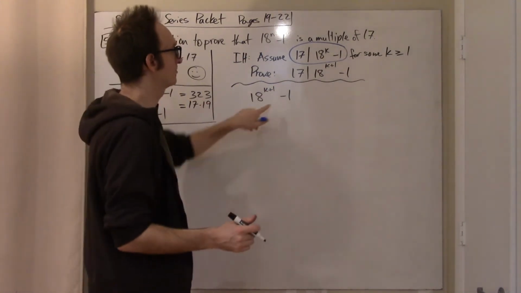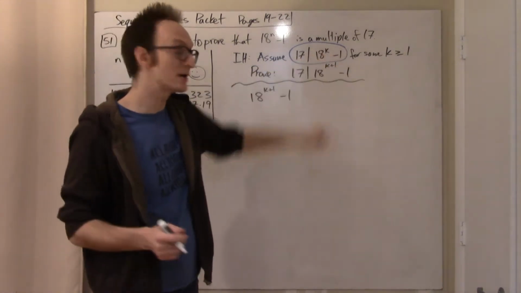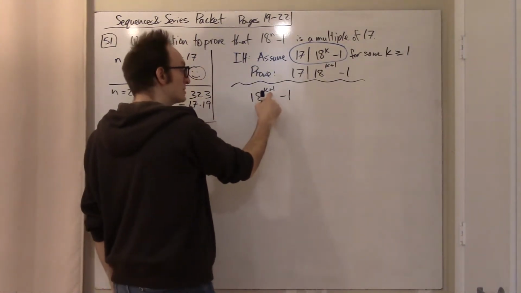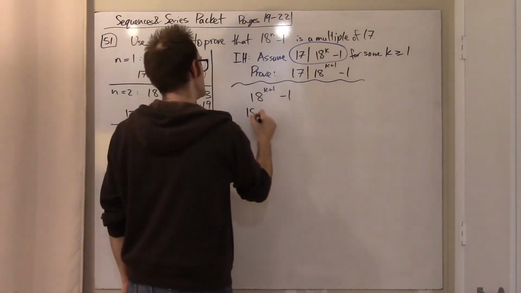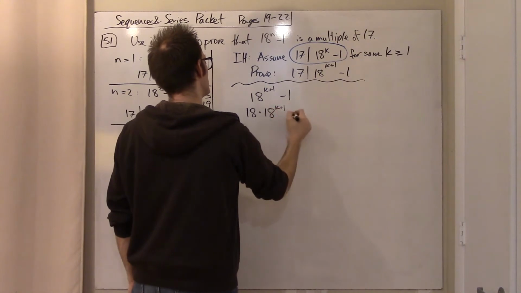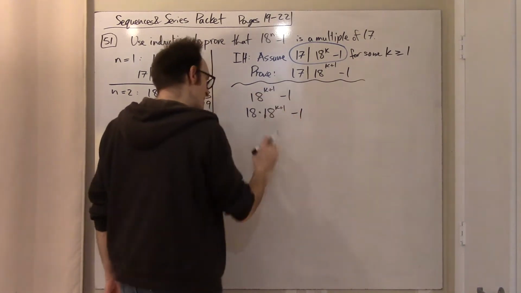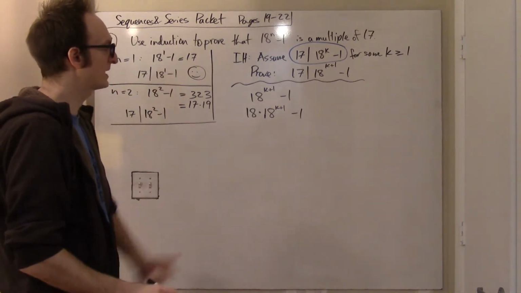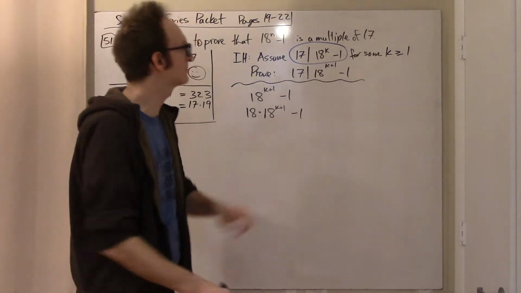Alright, well, let's make this look as much like the thing that I know as possible. So, of course, one thing we can do is just write this as 18 times 18 to the k plus 1 minus 1. Okay, and you have to be careful with your order of operations here, because we multiply first, and then we subtract.